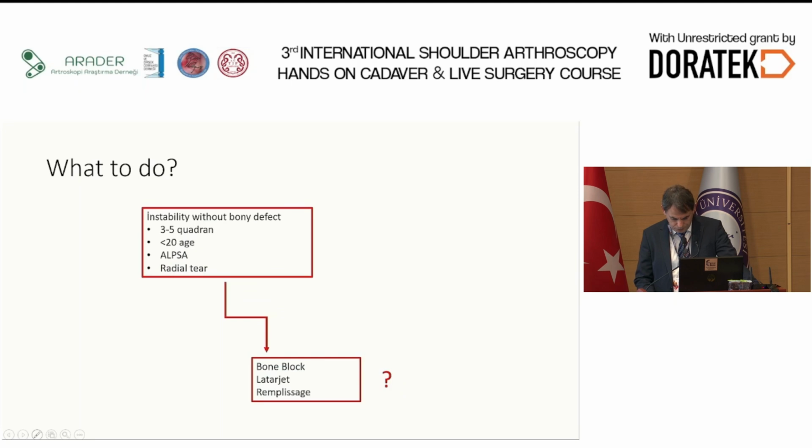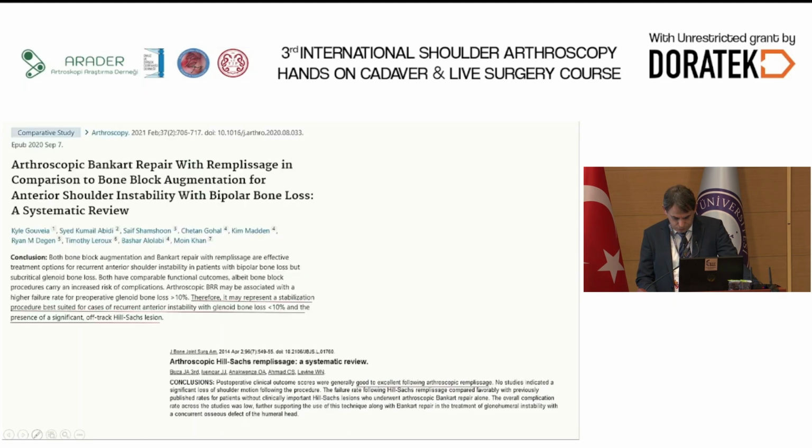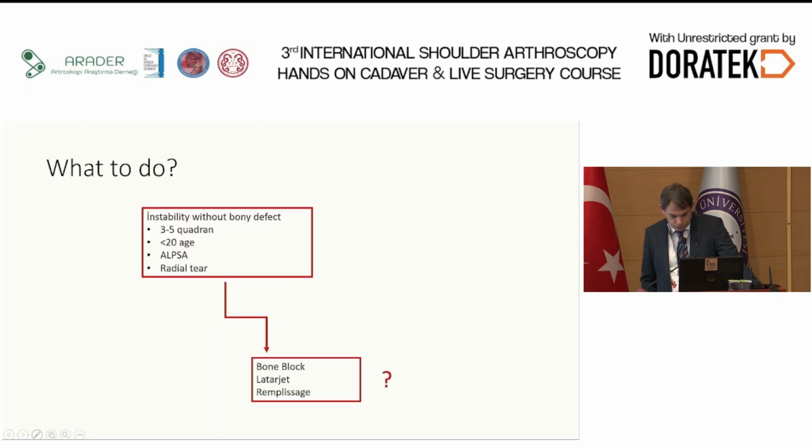Why? So what to do when we have instability without bone defect, in the 3 to 5 quadrants, if the patient's age is lower than 20 years old, with an ABSA lesion or radial tear?